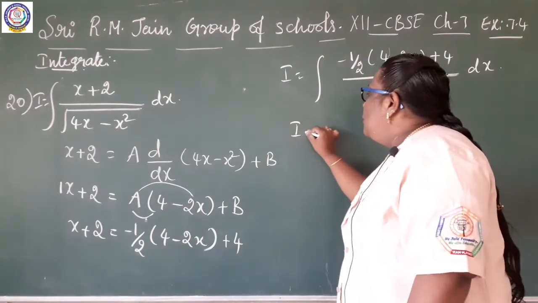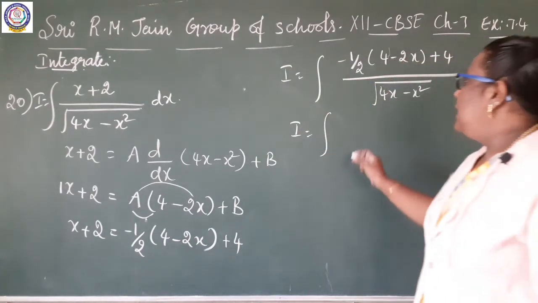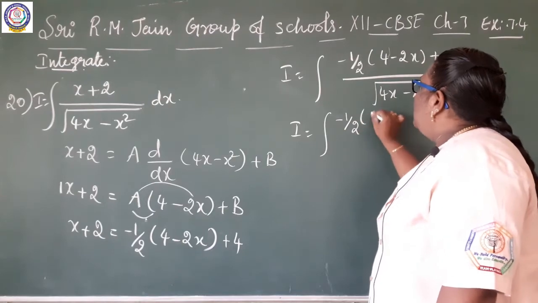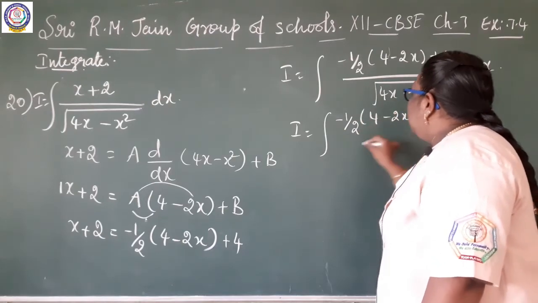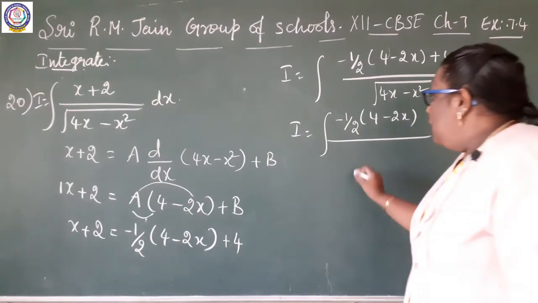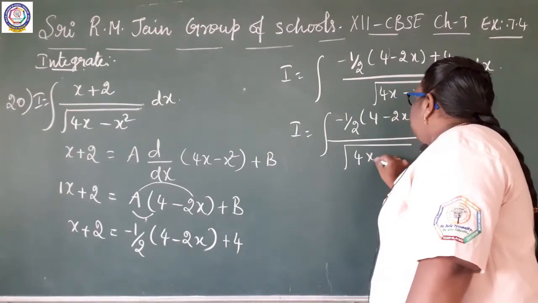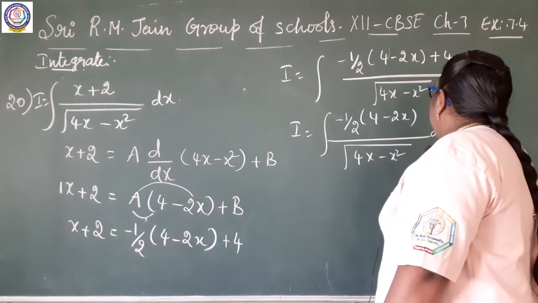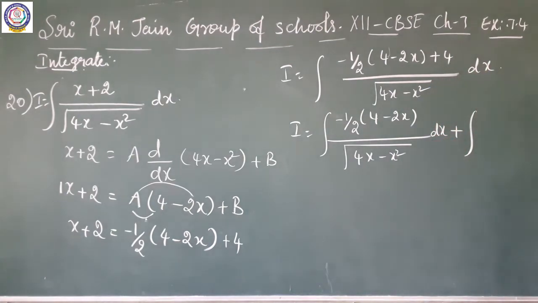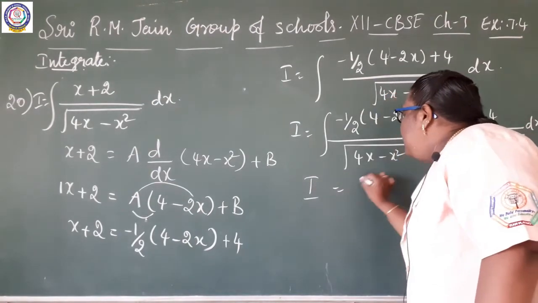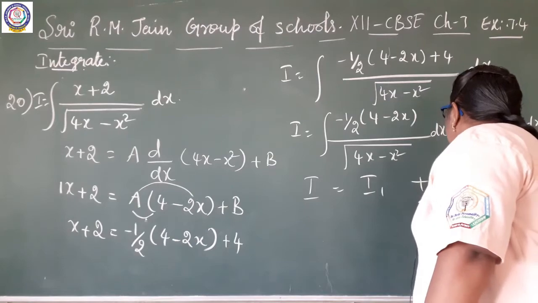I equal to integral minus 1 by 2 (4 minus 2x) by root of 4x minus x square into dx plus integral 4 by root of 4x minus x square into dx. So you can take it as I equal to I1 plus I2.